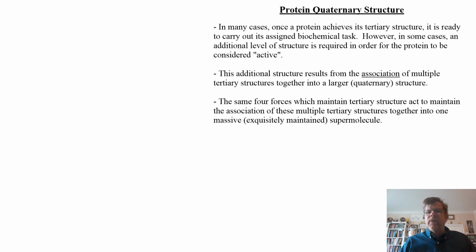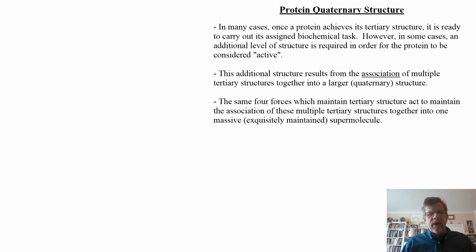Up to the tertiary structure point, we've been talking about one very large molecule. Protein is polymeric, polymers of amino acids, but it is one covalent molecule up through tertiary structure.